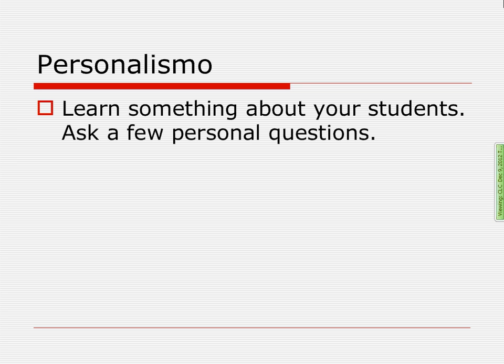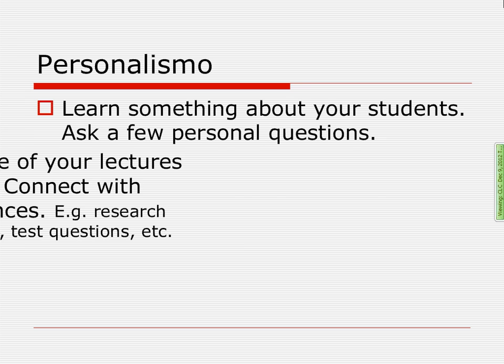So one of the strategies is to try to learn something about your students. You can ask a few personal questions. I'm not asking you to get involved with everything in their personal lives, but it makes a person feel important if you at least ask, are you married? Do you have children? How old are your kids? Or where do you live, et cetera. So I think our students want to feel that you want to know something about them.